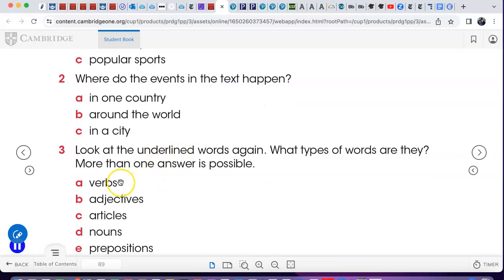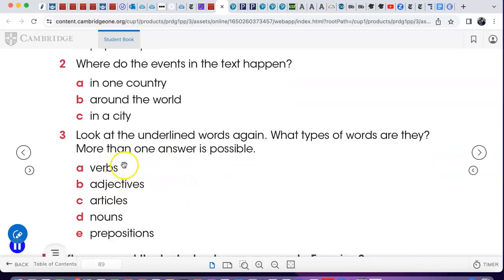A verb is going to be an action, something that we do. Adjectives are going to be words that describe nouns. Articles are going to be words that come before nouns, like an, we saw in one of those vocabulary exercises. The is another example of an article.